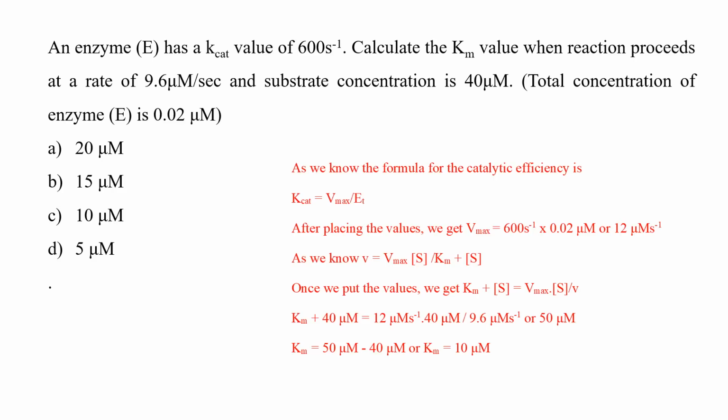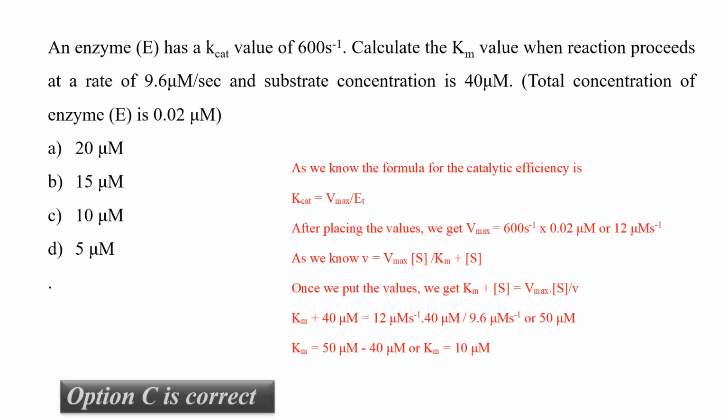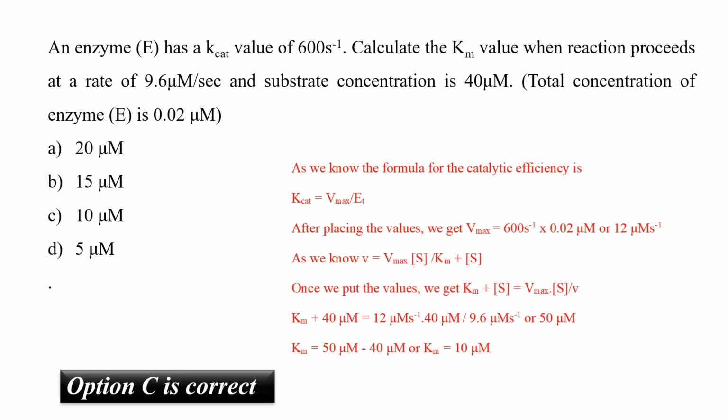Now if we place the value of Vmax in a classical Michaelis-Menten equation, then we have the values of V, that is instantaneous velocity, Vmax, S, and we have to find out the value of Km. After solving, we get the value as 10 micromolar. So option C has to be the correct answer.